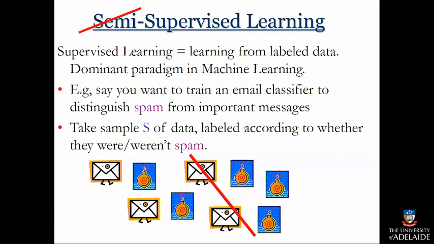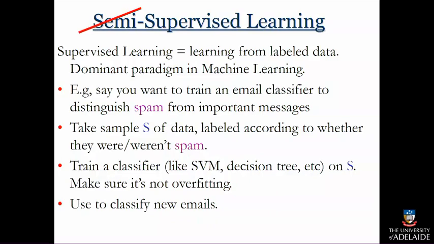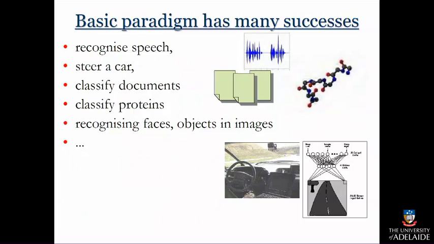I guess we don't have to go through this. Basically, you can train a support vector machine, decision tree, random forest or boosted tree, things like that. And once you train the model, you can use that to predict on unseen testing data.